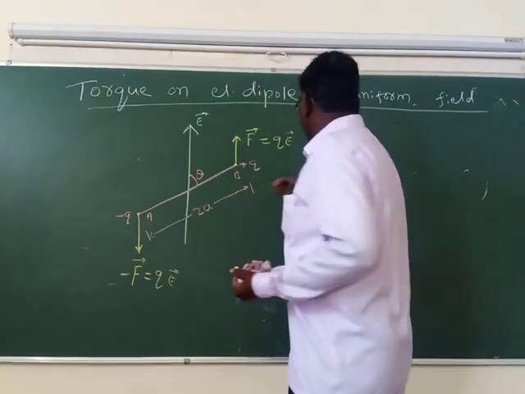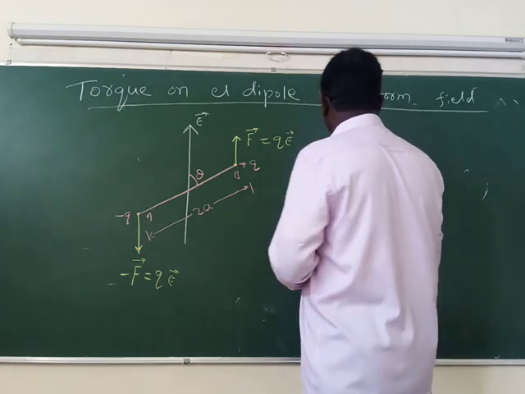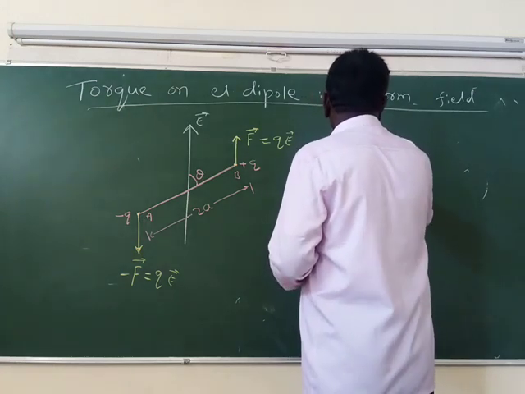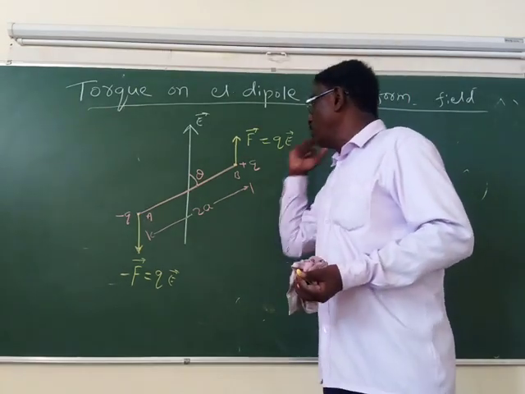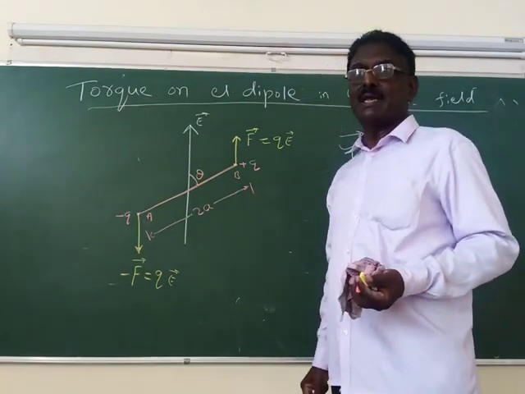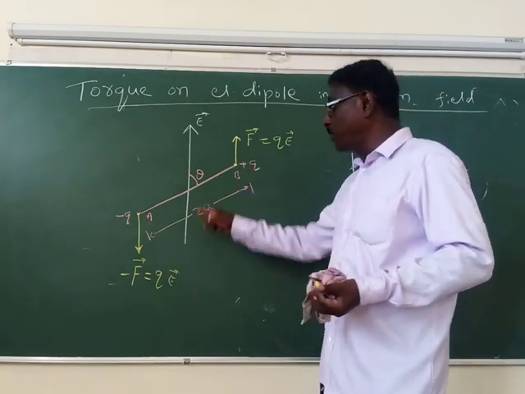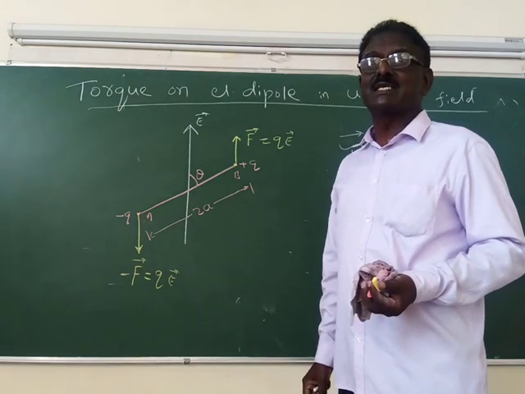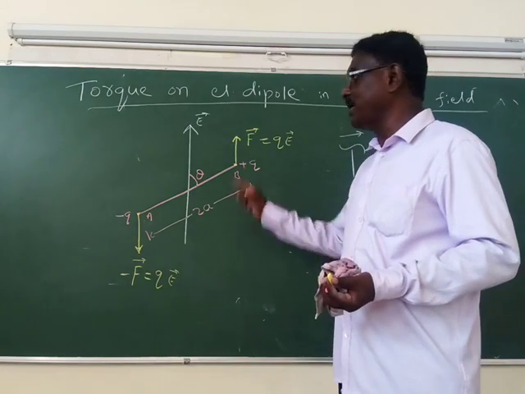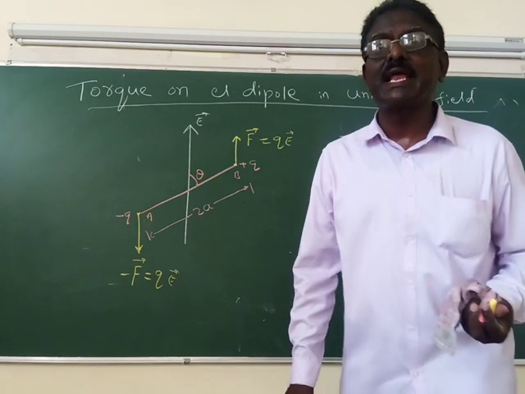The dipole AB experiences torque because two forces acting at A and B are equal in magnitude and opposite in direction.